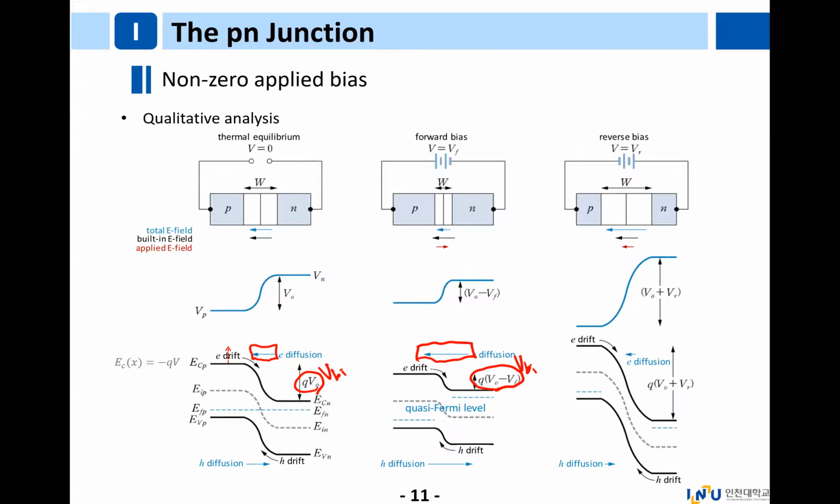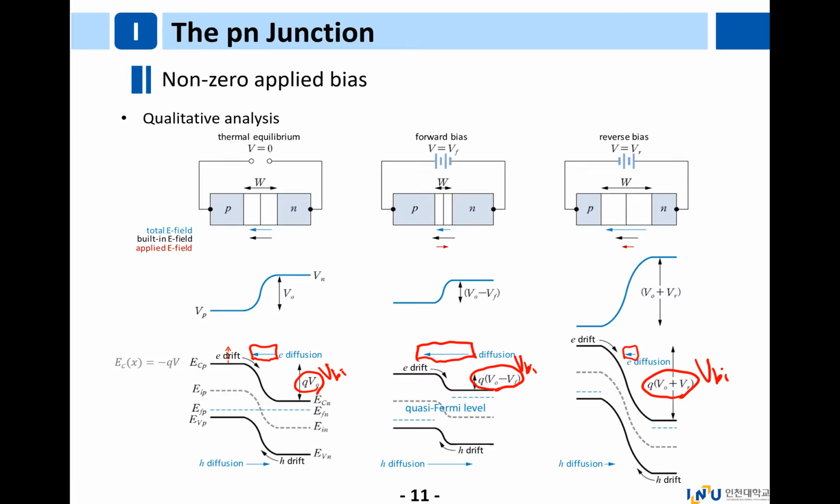In this case, VBI has increased, making it more challenging for current to flow.